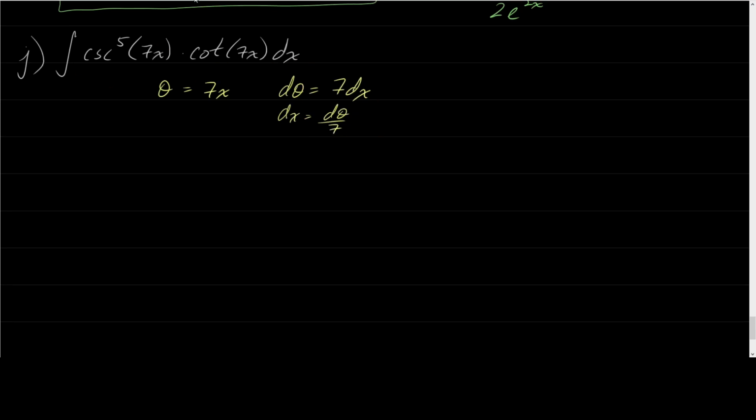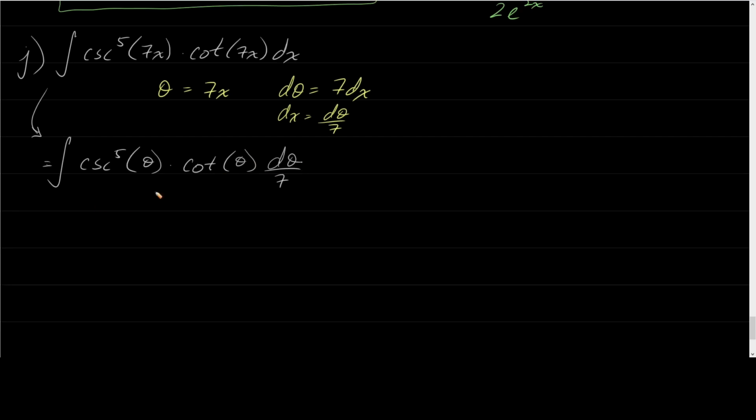And now we can rewrite this integral. The integral now becomes the integral of cosecant to the 5th of theta times cotangent of theta times d theta over 7. All right. The next thing I'm going to do here is, well, I want to somehow use u-substitution. So let's see how u-substitution is super helpful on this one.